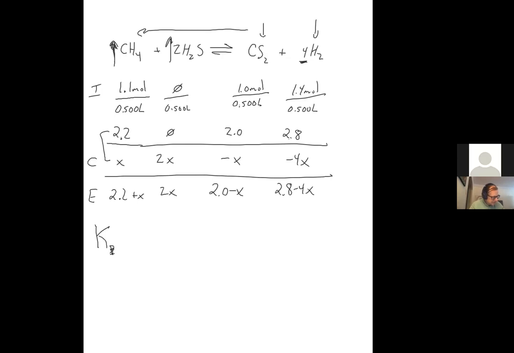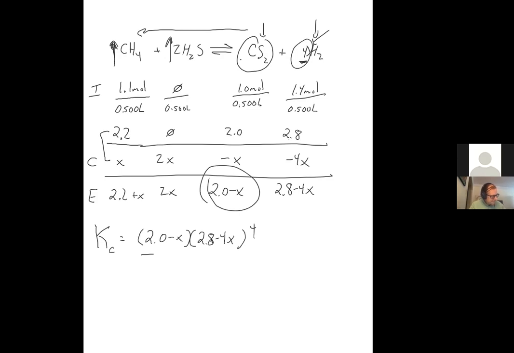It's not P, it's actually QC, it looks like. So you do the first product. So first product is right here. 2.0 minus X. Coefficient is a 1. Times the second product raised to the 4th power, 2.8 minus 4X.